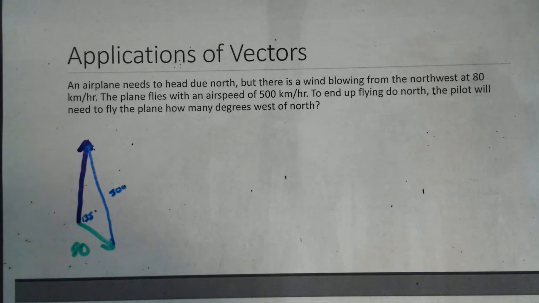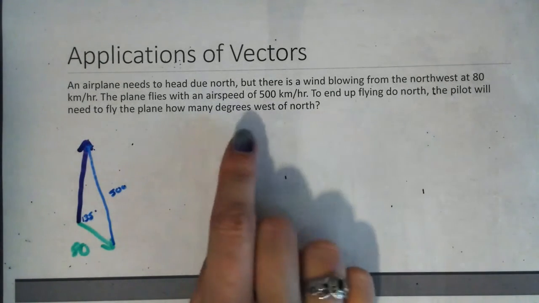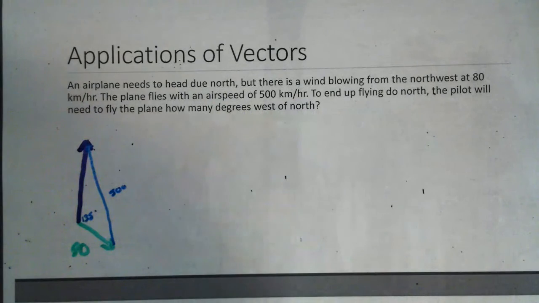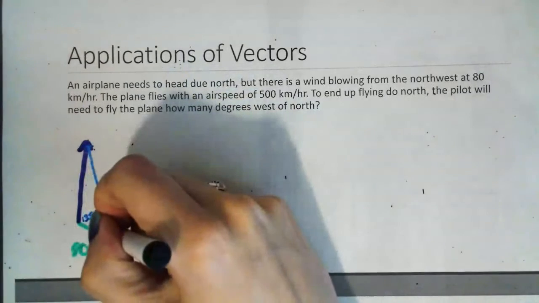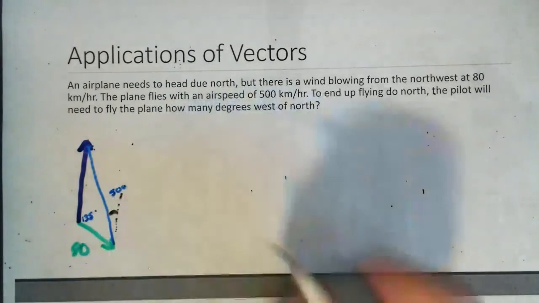So let's see if we can figure out what we're trying to find before we start finding stuff that might not be helpful. We are trying to figure out how far the pilot needs to go in degrees west of north. So due north would put us on this track. We need to figure out what this angle is.